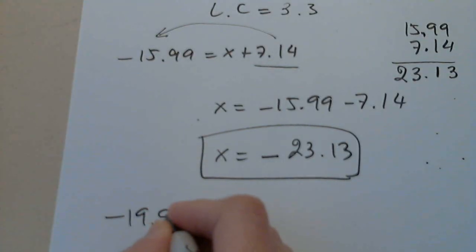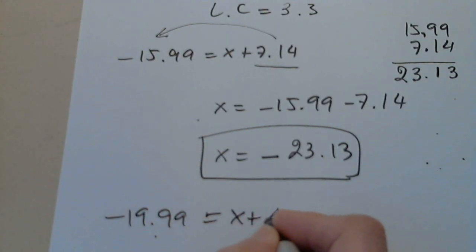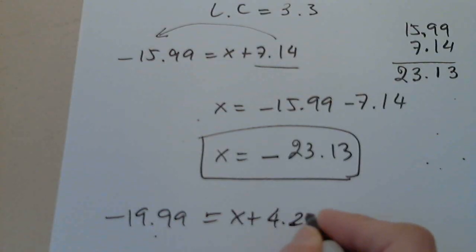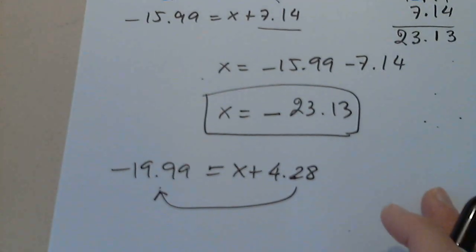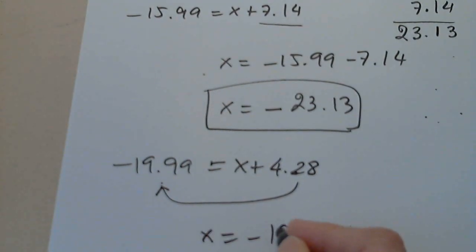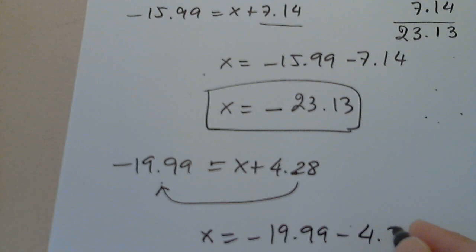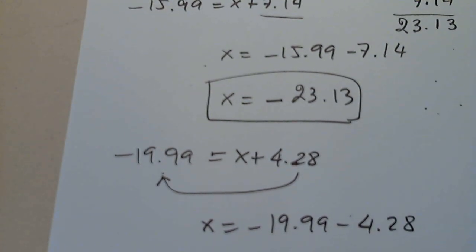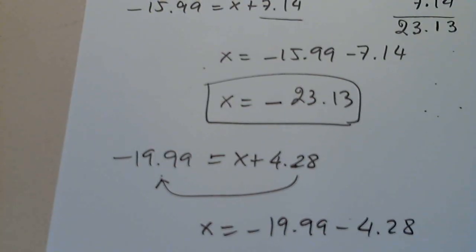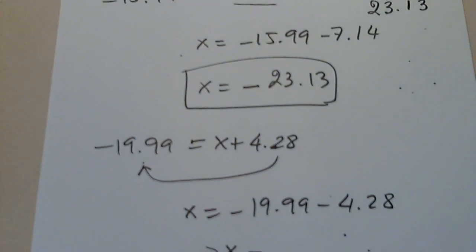So negative 19.99 equals x plus 4.28. So in the same way, this does not belong here. So then x equals negative 19.99 minus 4.28. Because both numbers are negative, I have to add them. It's a debt if you want.